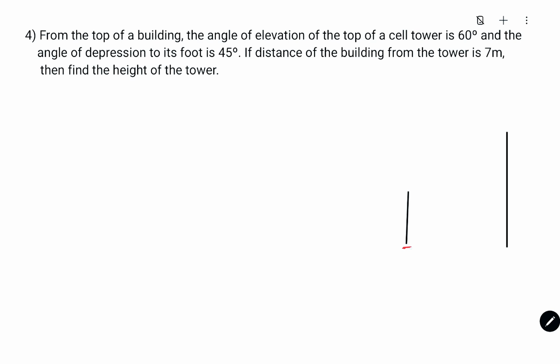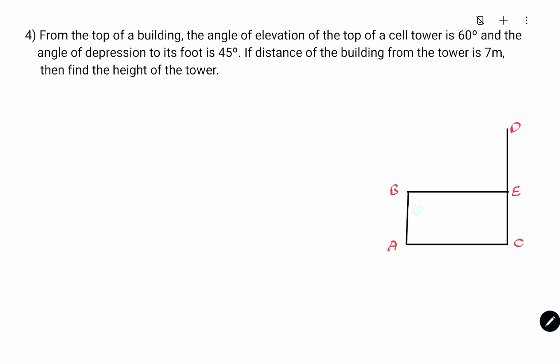This vertical line we assume is the building, this vertical line we assume is the tower. Name them A, B, and this one C, D. Join AC. Here the angle of elevation and angle of depression are from the top of the building, so draw one horizontal line parallel to AC. Here we keep the name as E.